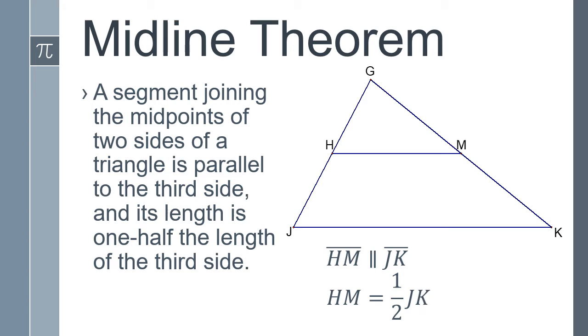All right, so the midline theorem says that if we have a segment which joins the midpoints of two sides of a triangle, it's parallel to the third side, and its length is 1/2 the length of the third side.